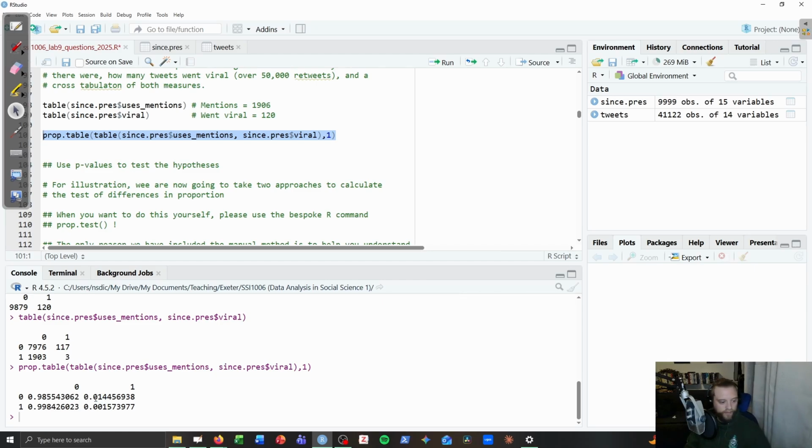About 1% of tweets without mentions were viral, and a bit less than 1% of tweets that did use mentions were viral. So from the descriptive data, we have some initial information that says it seems quite likely that tweets that didn't use mentions were more viral than tweets that did. The question prop test is going to answer, though, is whether this is statistically significant.